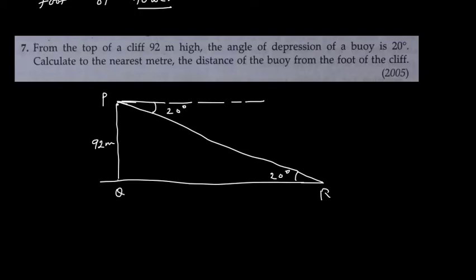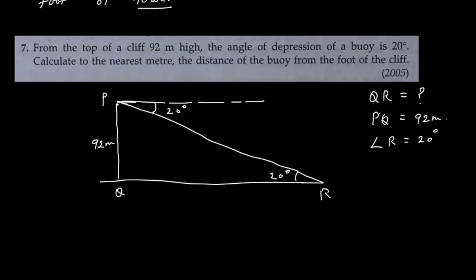Calculate, to the nearest meter, the distance of the buoy from the foot of the cliff. So from this I want to know the distance, that is QR is unknown. So QR you have to calculate. PQ is given as 92 meter. From alternate angle you can say that your angle R is 20 degree.